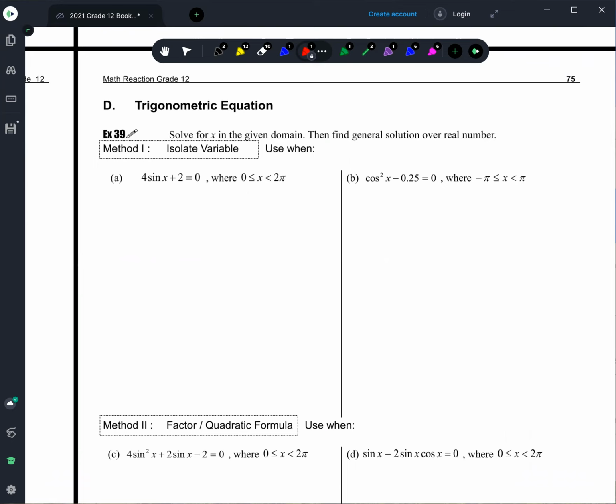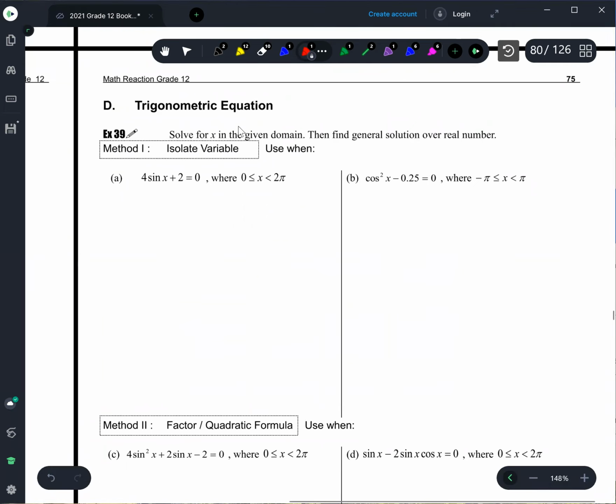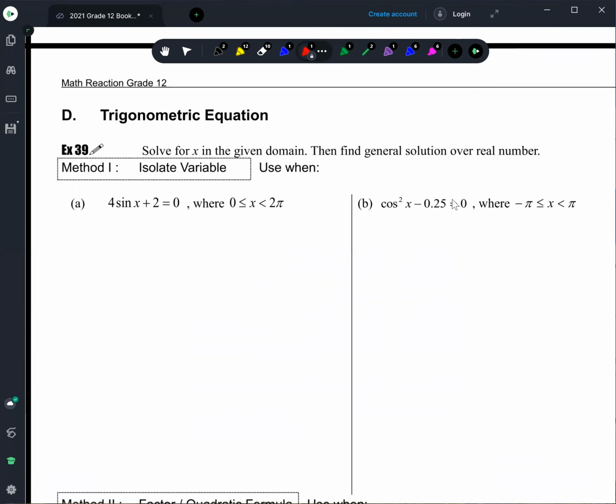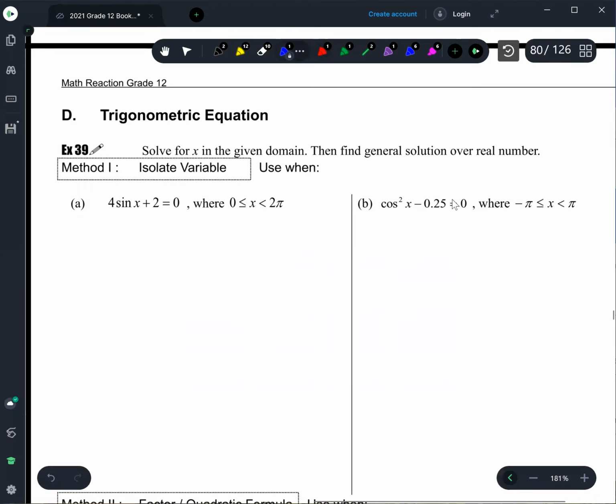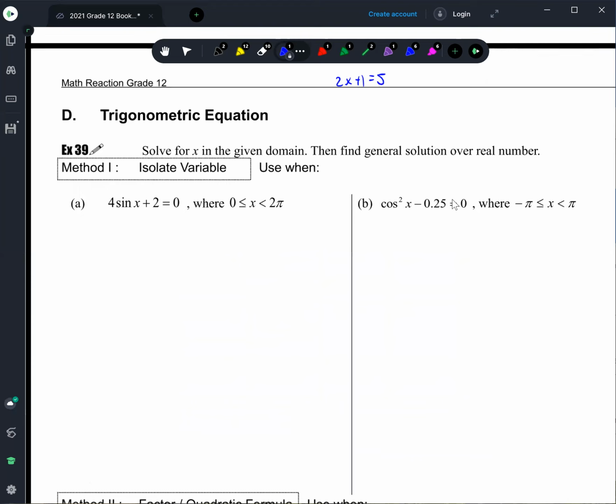Okay, page 75. So the beginning part of this is something you already learned before, when you learn how to find angles. Because equation means you need to solve for something, right? Like for example, if it's 2x plus 1 equal to 5, and you want to find the x, you need to solve for x, find out what x equals.